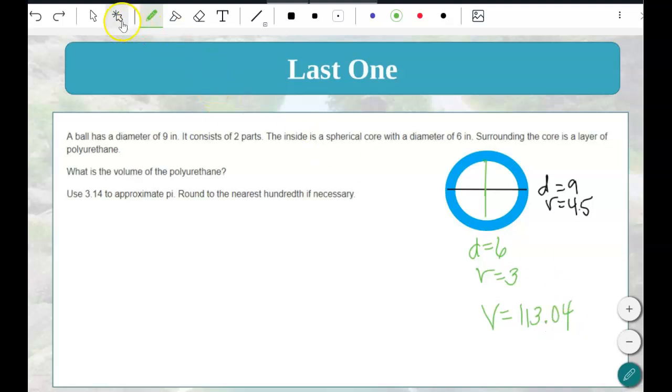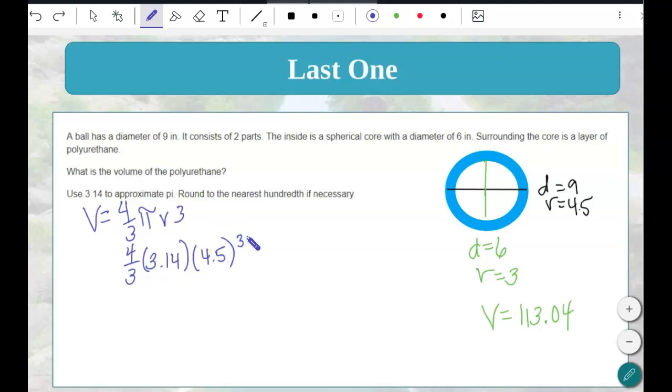This is what we have to do. To figure out the blue part, we have to figure out the volume of the whole ball and then subtract out the core, which is 113.04. So let's do the math for the volume with a radius of 4.5. 4/3 pi r cubed, and we're using 3.14 for pi. Radius 4.5, we're going to cube it.